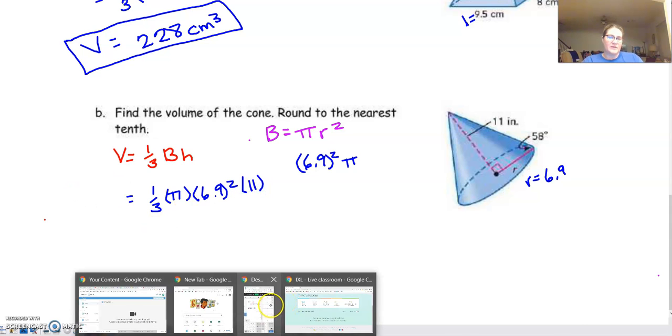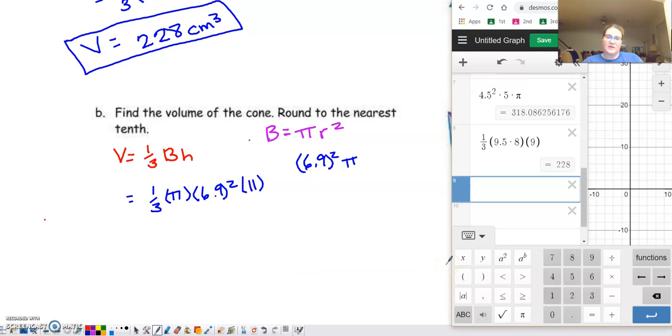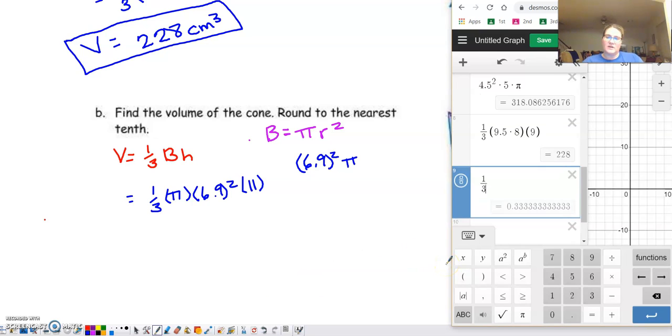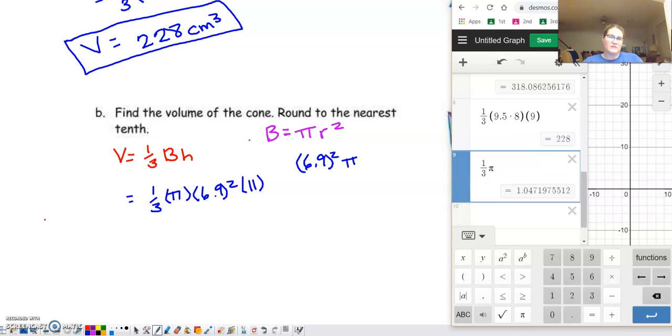So I'm going to pop up my calculator and I'm going to start typing. I've got 1/3, scooch out of my fraction, times pi times 6.9 squared times 11. And that's going to give me, not equals, I don't know why I want to put equals there.